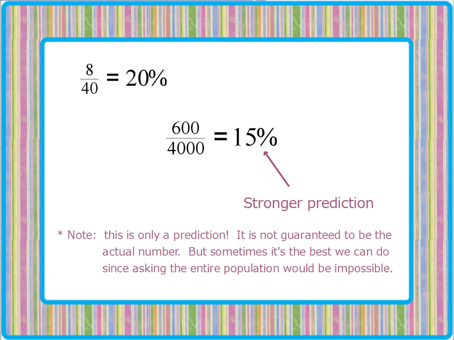Remember though that this is only a prediction. It's not guaranteed to be the actual number. I can't actually say that 15% of the whole United States likes chocolate ice cream better than any other flavor. But sometimes it's the best we can do, since actually asking the entire population of the United States would be virtually impossible.